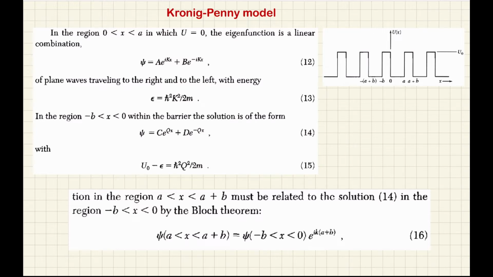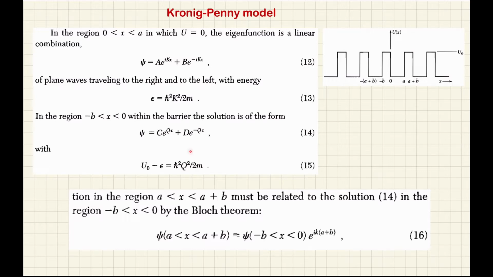Now, region 2 is a constant potential region. So there you can have a solution of this form. I hope you know how to find the solution for a constant potential. It is of this form, where q is defined as U0 minus epsilon equals h cross square q square by 2m.